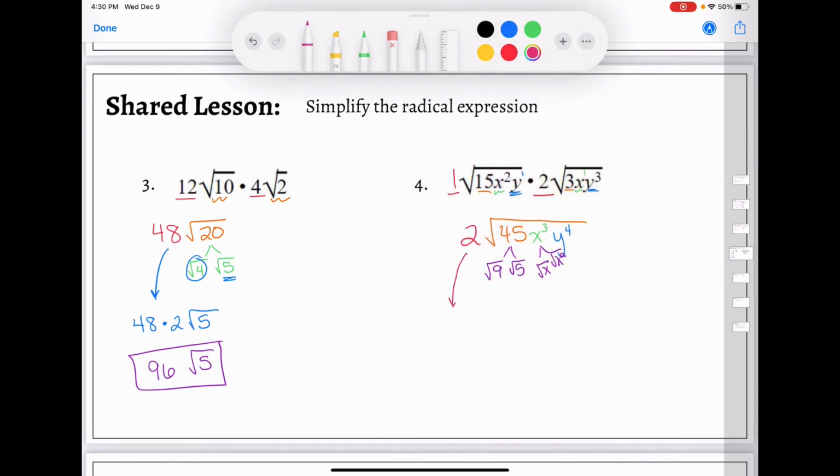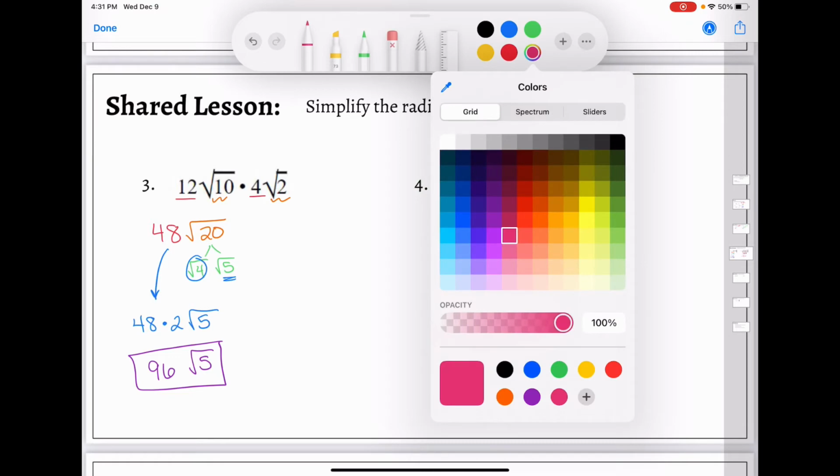Make sure I bring the 2 down to the outside that was there already and multiply it by the square root of 9, which is 3. The square root of x squared is x, and the square root of y to the fourth is y squared. Those were all my perfect squares, and I have 5x left on the inside.